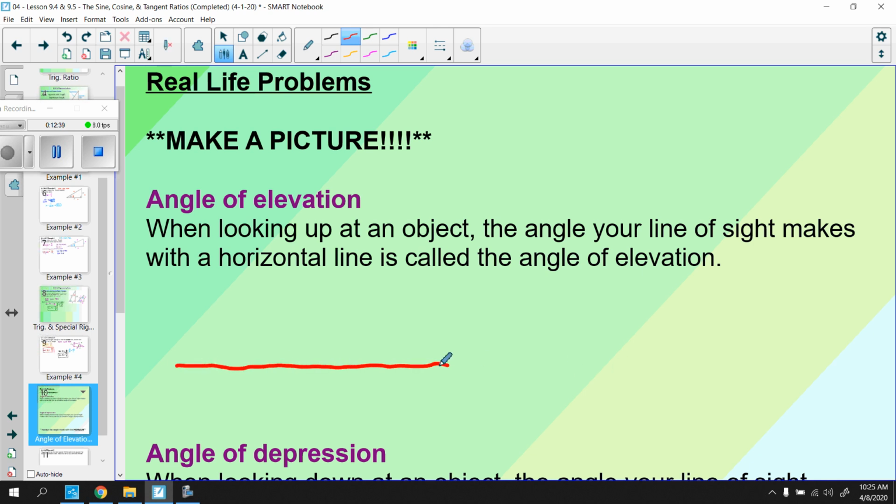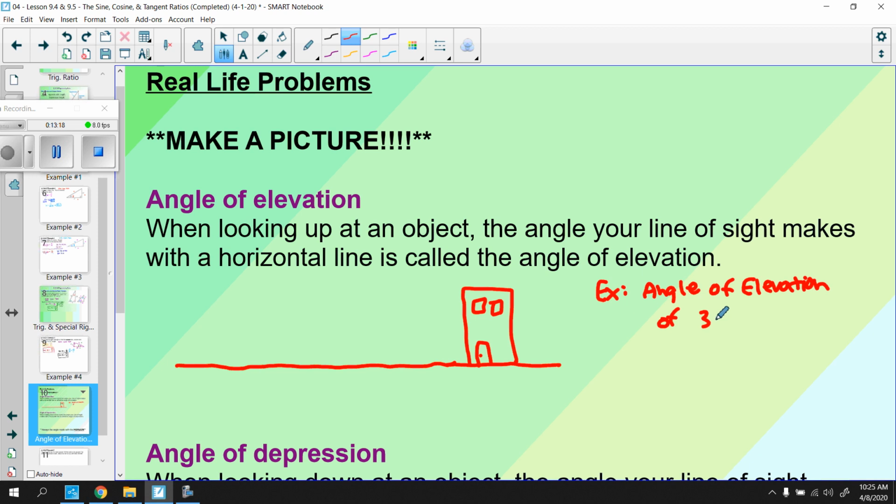So here's my ground level, okay? And let's say we have a building over here. We're looking up at the top of a building. There's the door, a couple windows. All right, and let's just say it would be worded like, you're standing X amount from the building and looking up at the top of the building at an angle of elevation of let's say 37 degrees.